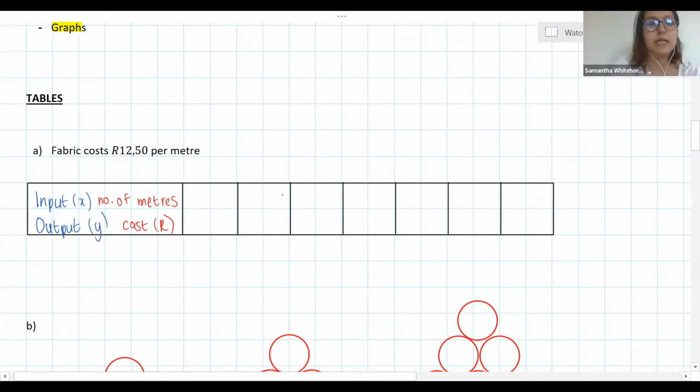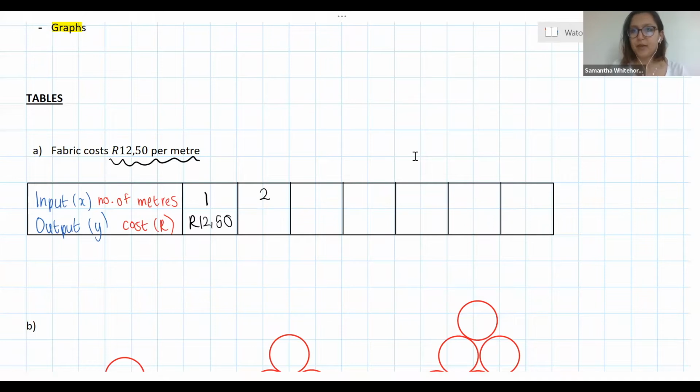Let's start nice and easy. We know that it's 12 Rand 50 per meter, so 1 meter is going to cost me 12 Rand 50. You can put it in the chat or raise your hands. Who can tell me how much 2 meters is going to cost me? Mohadi, do you want to tell me?